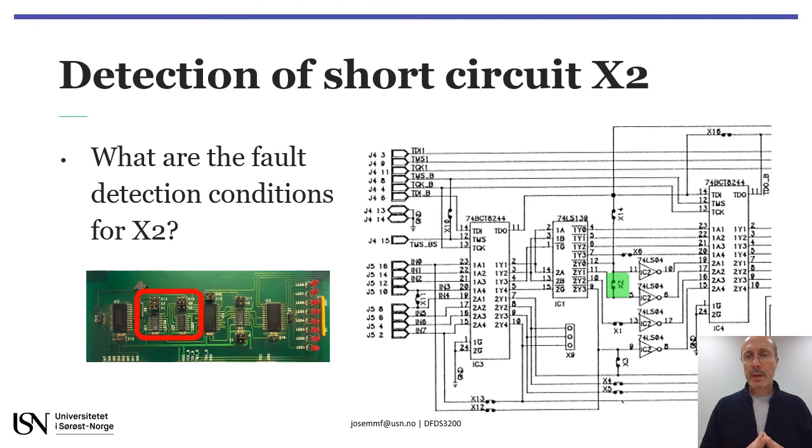In the case of X2, you should start by looking at the logic function of IC1, which is a simple dual 2 to 4 multiplexer. This is not a boundary scan device.